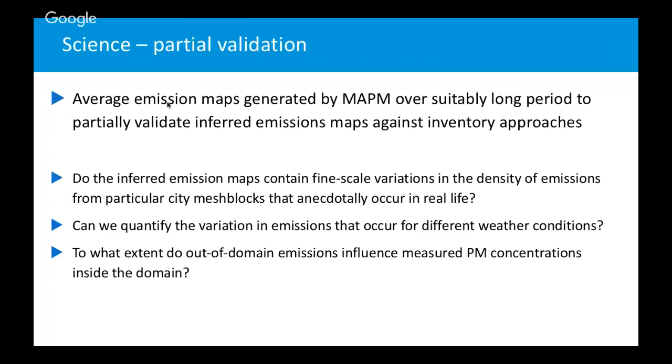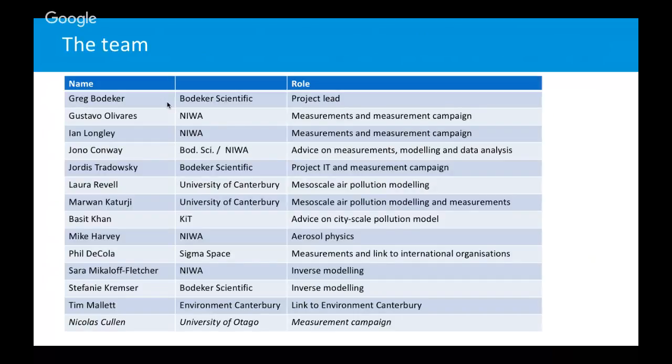In terms of who's involved, it's led by Greg Boddicker. We've got Gus and Ian and Mike involved from NIWA, myself, and then Laura and Marwan from University of Canterbury, who will be handling the forward modelling side of things. Then Sarah, Nicola, Fletcher and Stephanie, from both Scientific, will be doing the inverse modelling.